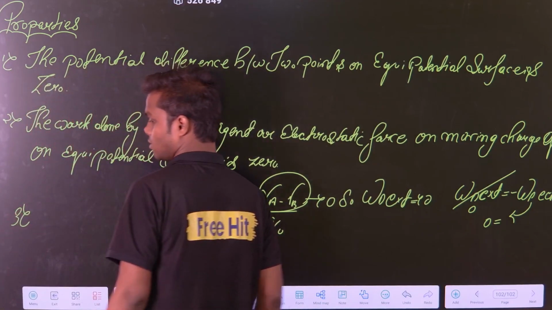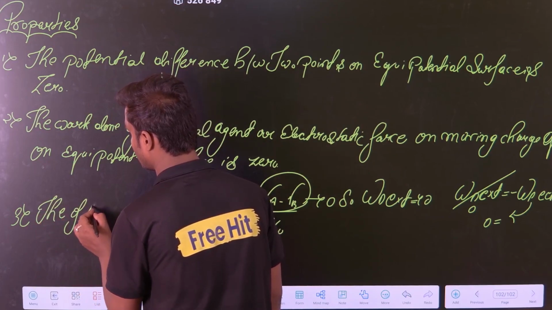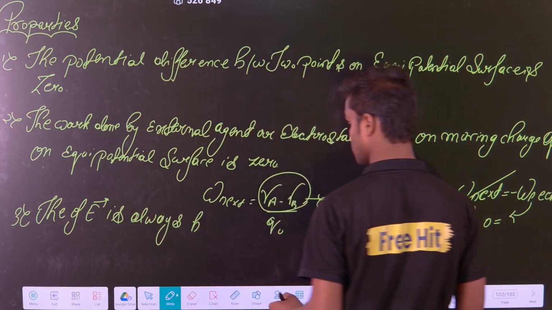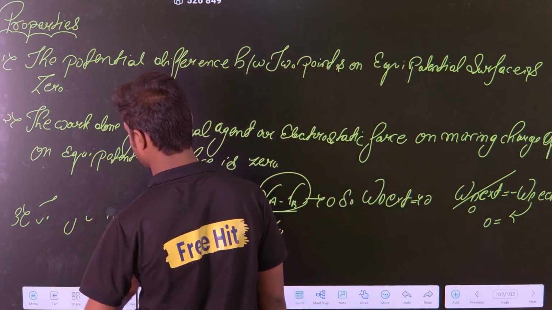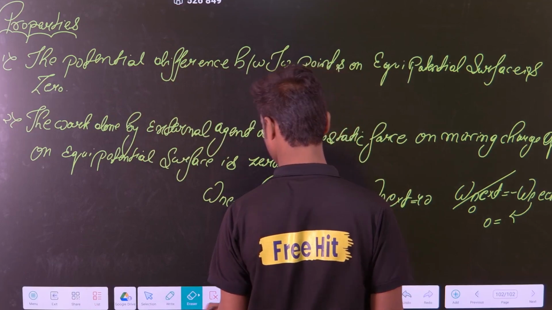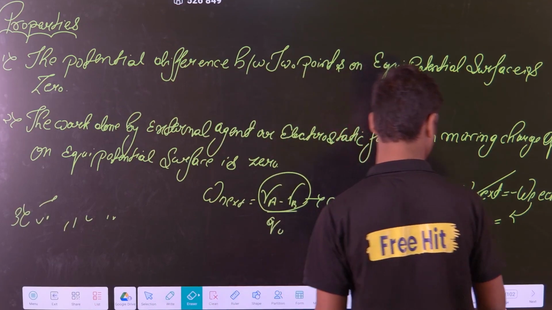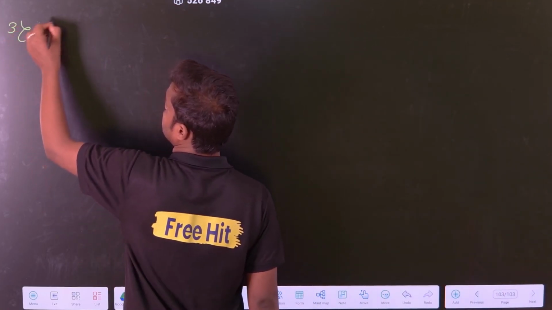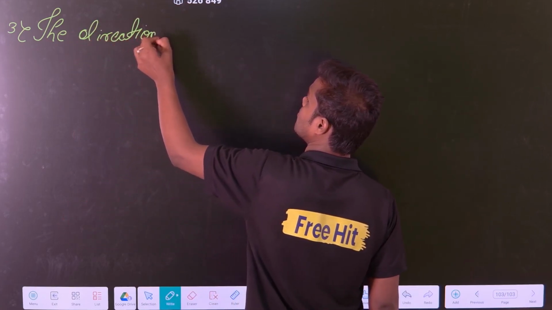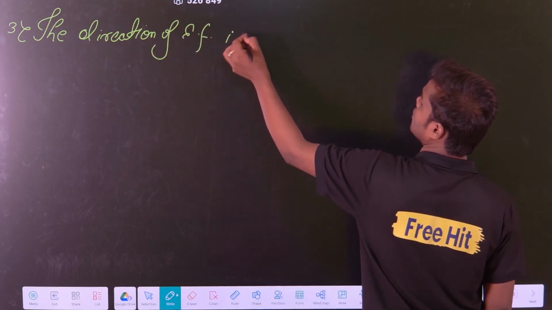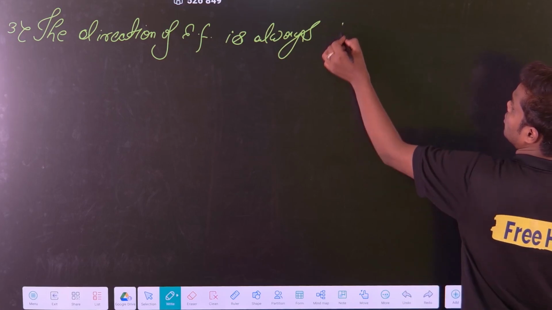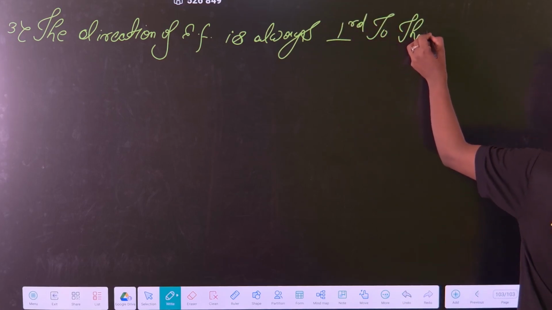The third point is that the direction of the electric field is always perpendicular to the surface.